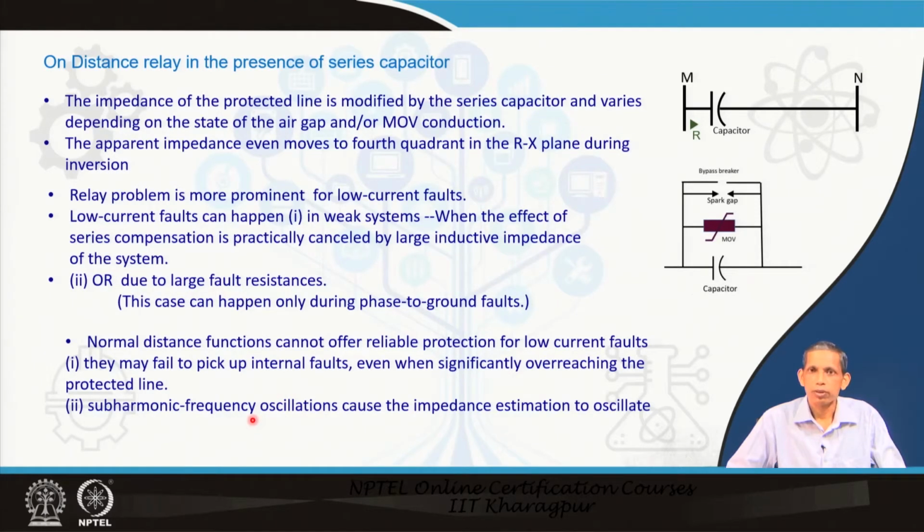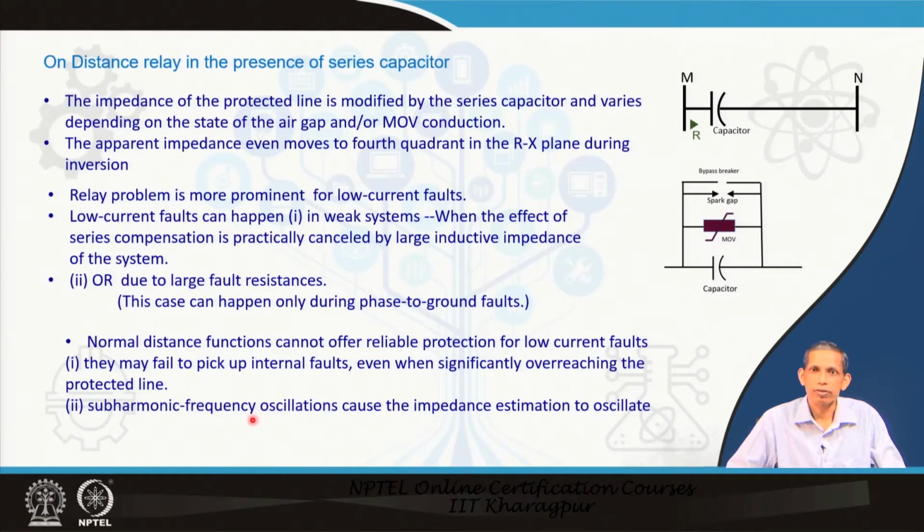Furthermore, we have already discussed in an earlier lecture that because of this LC in series, subharmonic frequency components are there in the signals, and that leads to oscillations and affects the phasor estimation accuracy.